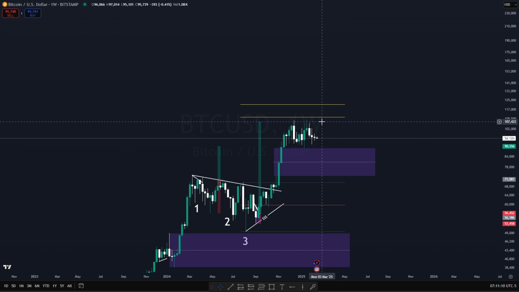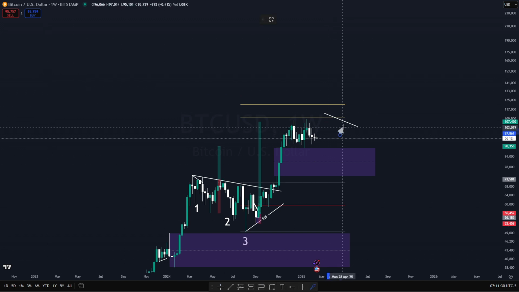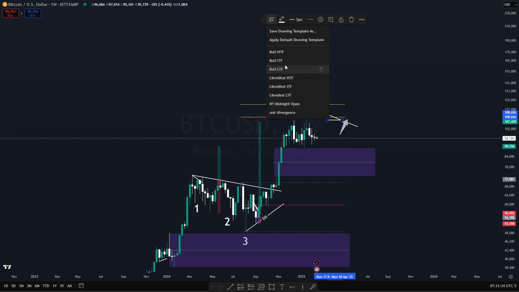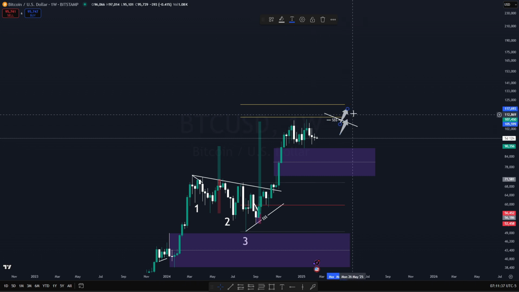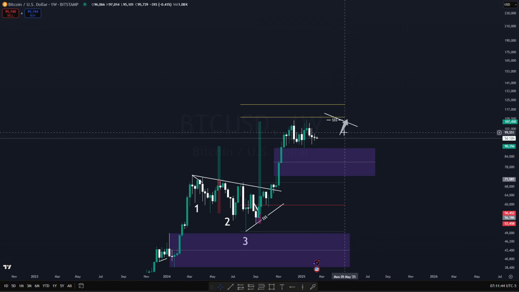Then we will get some sort of like trend lining move here, probably. And then we will go into the golden zone. Hopefully get another trend line, some more inducement. And then we get a move above the trend line, sweeping some sort of liquidity as it does it. And then we get the major move down. Now, I don't know where that move is yet, but we'll see in the future.